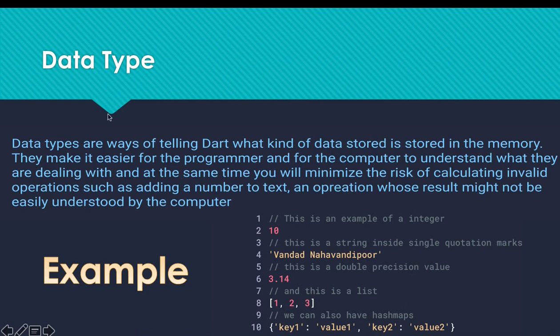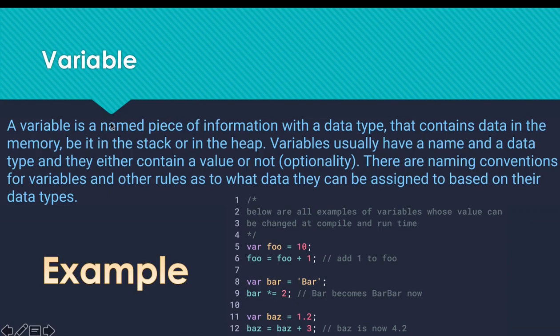Let's go next. What is a variable? A variable is a named piece of information with a data type that contains data in memory, be it in the stack or in the heap.